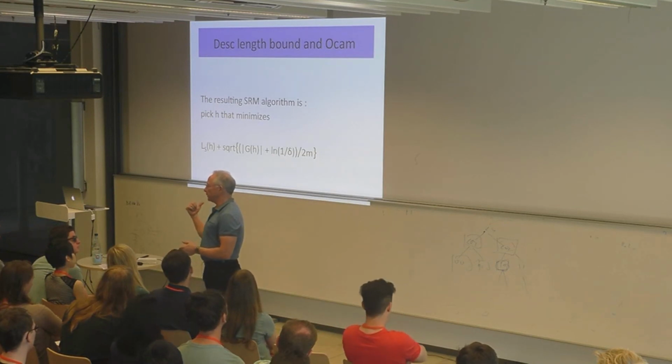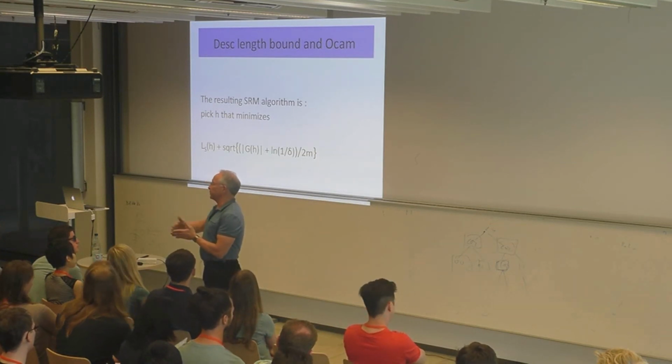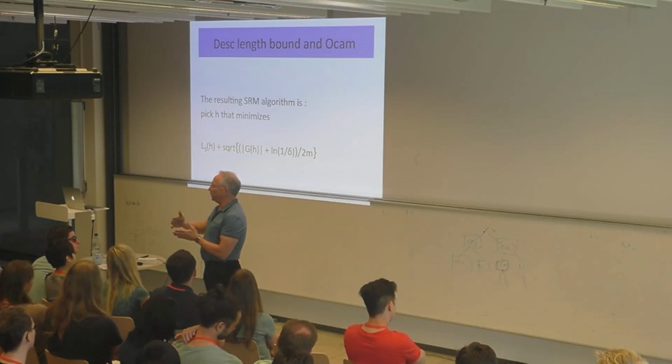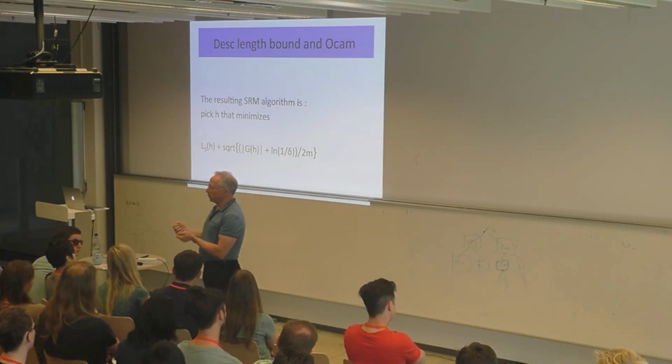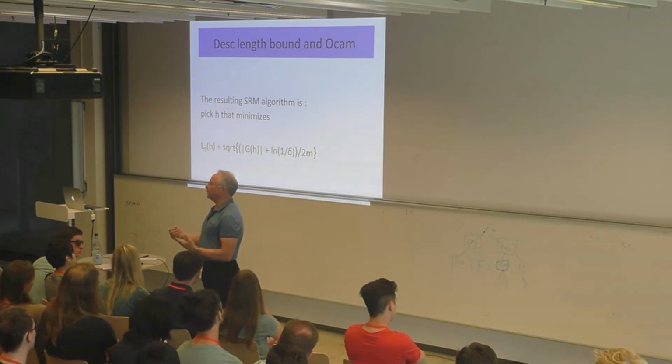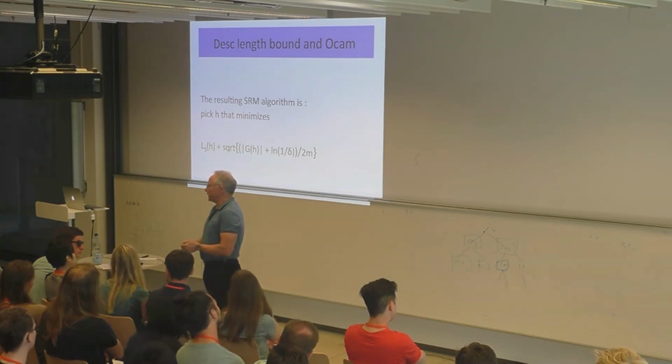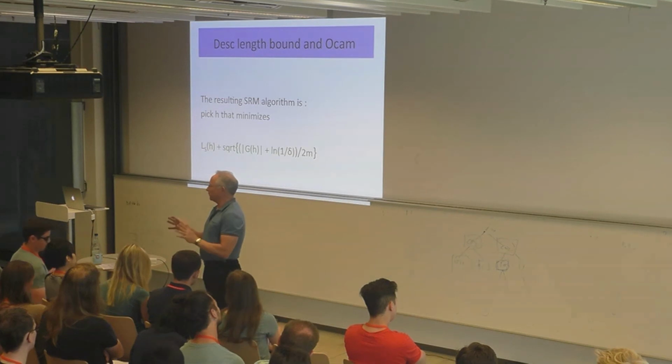So you have to use this type of guarantees, this type of structural risk minimization, to somehow make sure that you balance the search for a kernel with the performance you get. So there are precise guarantees, but they are more delicate.